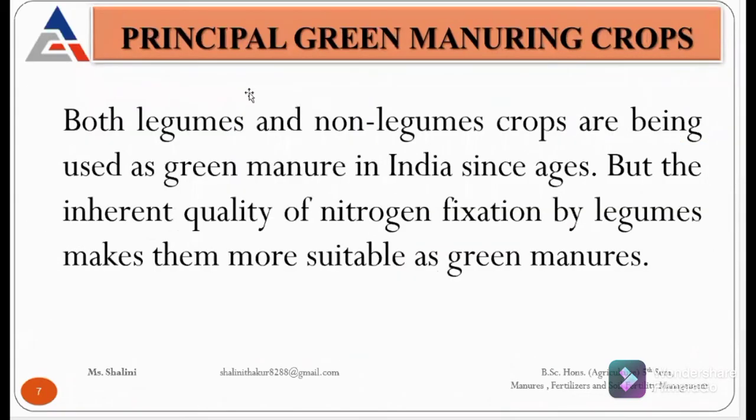Then what is the principle of green manuring crops? It means what kinds of crops we have to sow for green manure purpose. We use both leguminous and non-leguminous crops, but we are focusing preferably on the leguminous crops because they fix the nitrogen present in the soil, and we don't need fertilizer if we are using leguminous crops for green manuring.